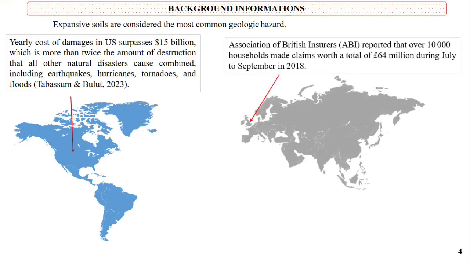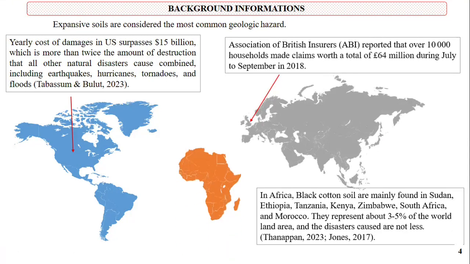In the UK, the Association of British Insurers reported that households made claims worth a total of 64 million euros in 2018. In Africa, black cotton soils are mainly found in Sudan, Tanzania, Kenya, South Africa, and they represent about 3 to 5% of the world land area, and the disaster costs are not less.